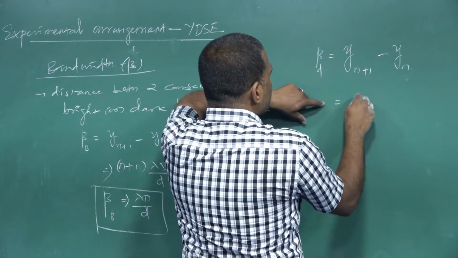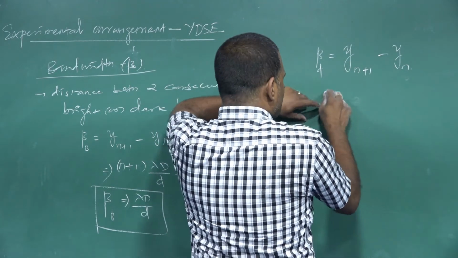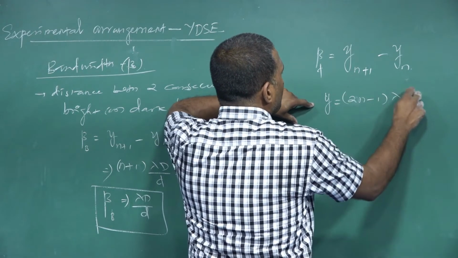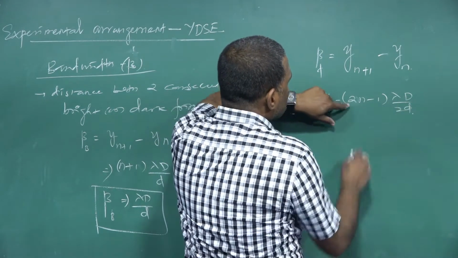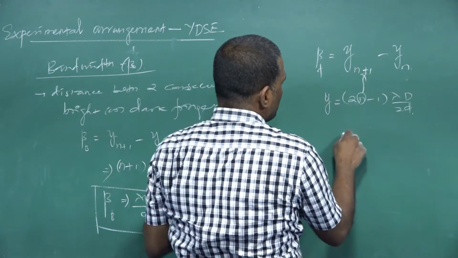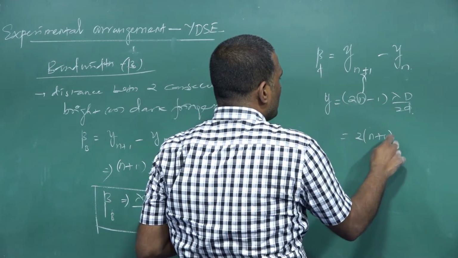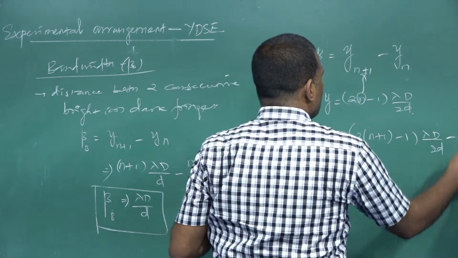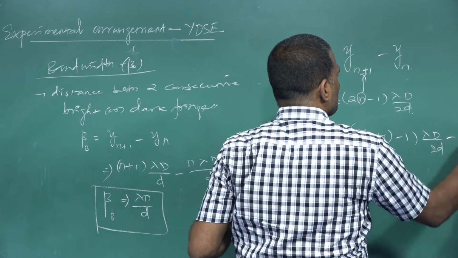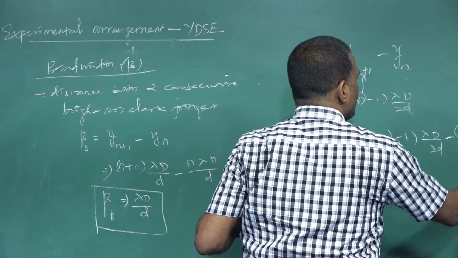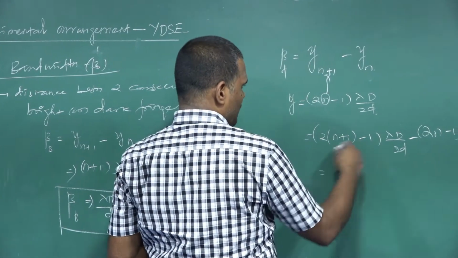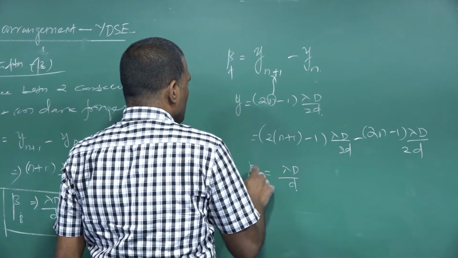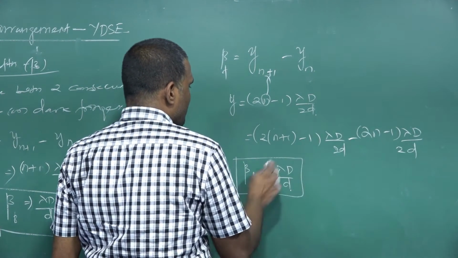For dark fringe, the distance can be represented as y equals (2n minus 1) lambda capital D divided by 2d. Instead of n, I have to substitute n plus 1. So I will have (2n plus 1 minus 1) lambda capital D divided by 2d minus (2n minus 1) lambda capital D divided by 2d. When you find the difference between these two expressions, you will get once again lambda capital D divided by 2d, times 2, means lambda capital D divided by d.